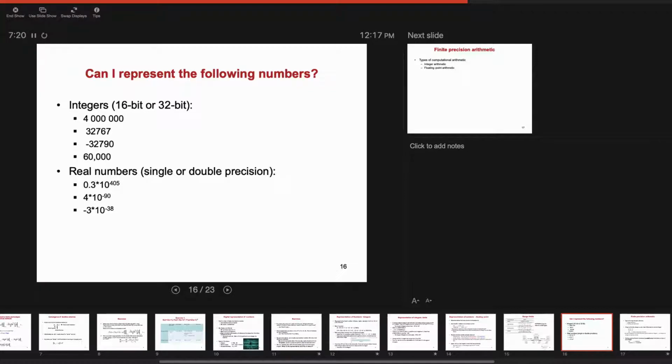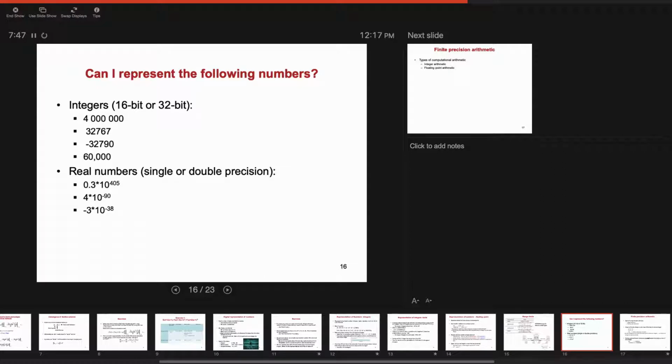Can I store 32,767? Let's write that maximum that I can store. Can I store negative 3,290? A little bit over, right, in magnitude. So no, I cannot, not in 2 byte integers.